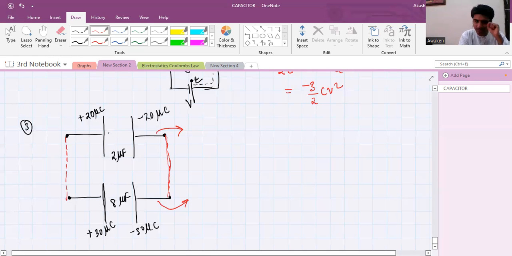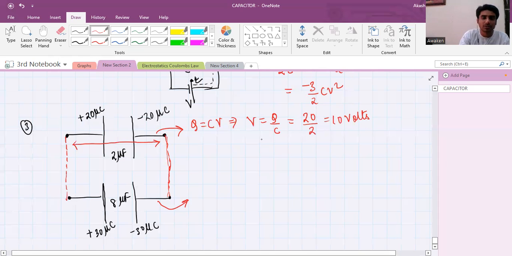What is the potential difference across this capacitor right now? We know Q equals CV, so V is Q by C, the potential difference across the capacitor, where Q is the charge on the positive plate and the capacitance is 2. It is 10 volts. Potential difference for the above capacitor is 10.